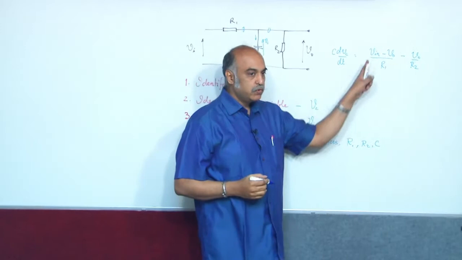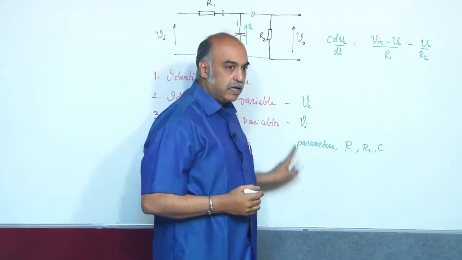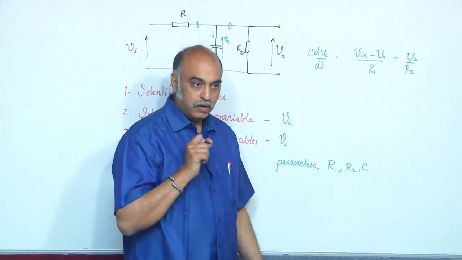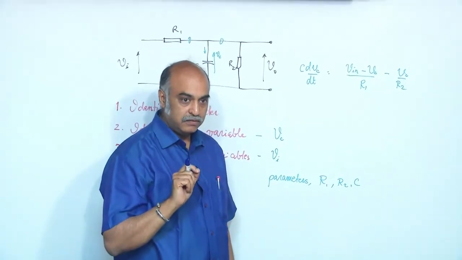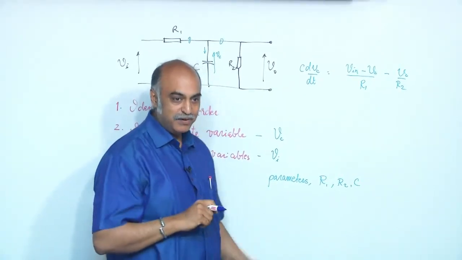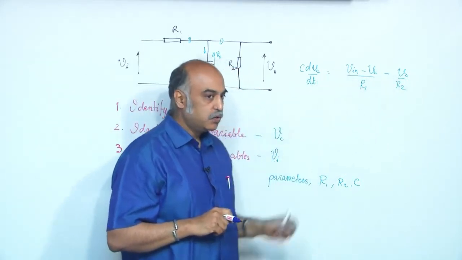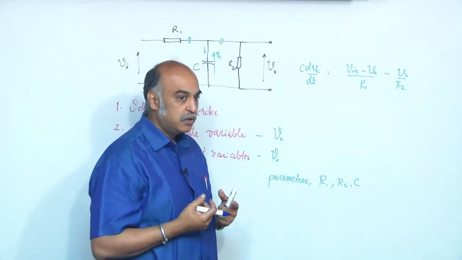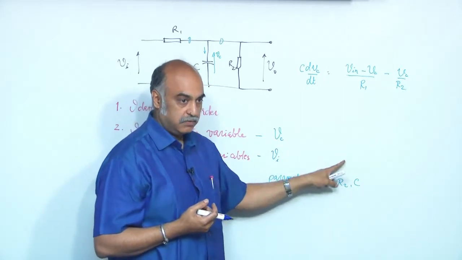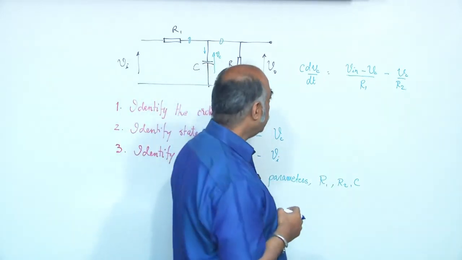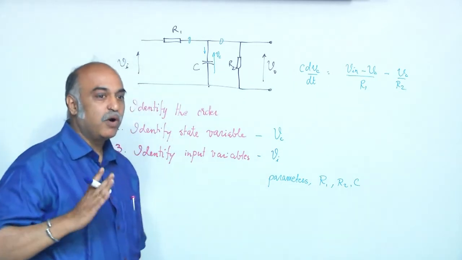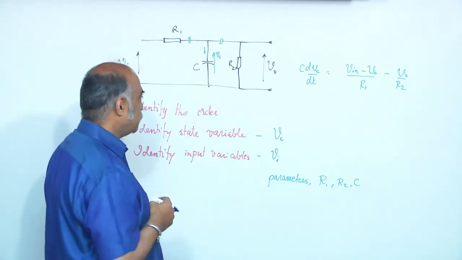Note that I am not using any variable other than the listed ones, and you should consciously make that effort. You can't just say V naught by R2 or something like that. All the variables that you plan to use should only be in this list. Then only it will become causal. Later on I will come to causality issues.